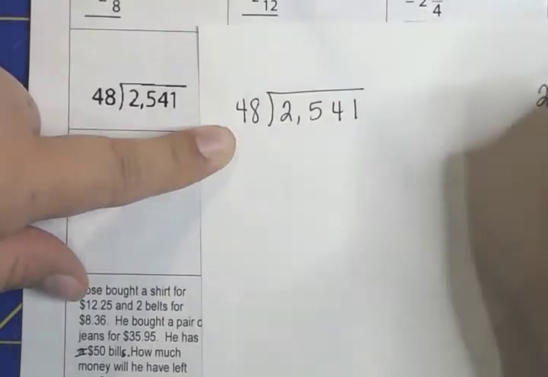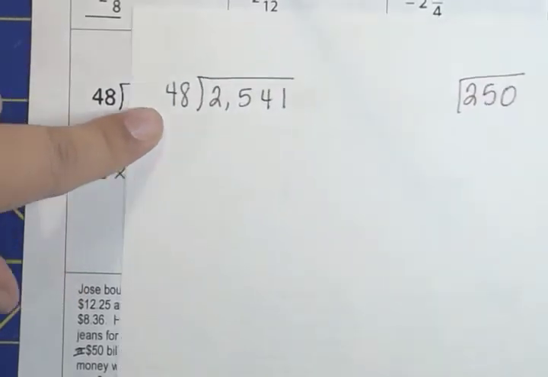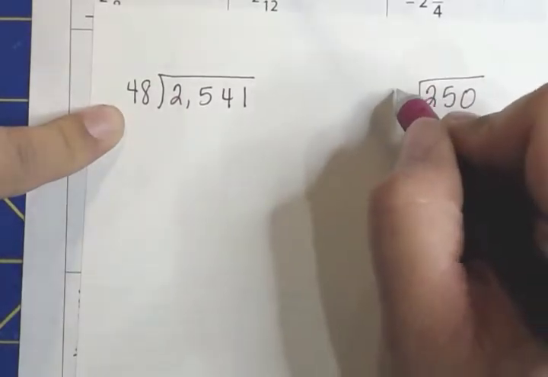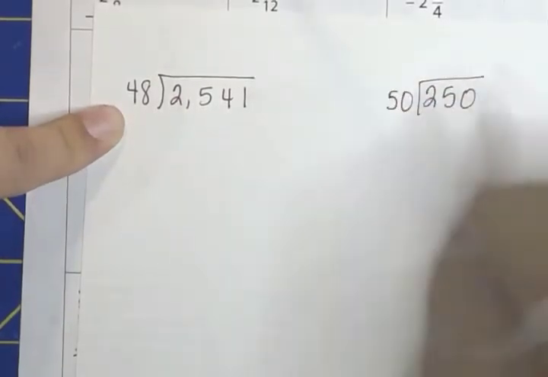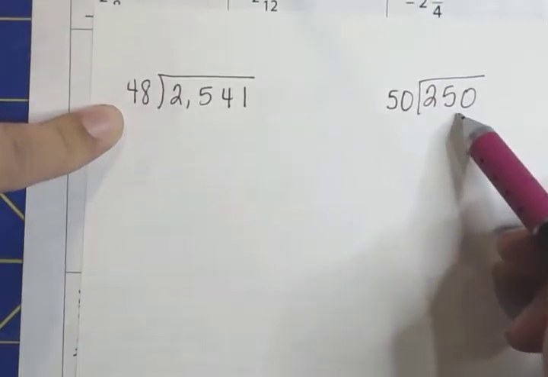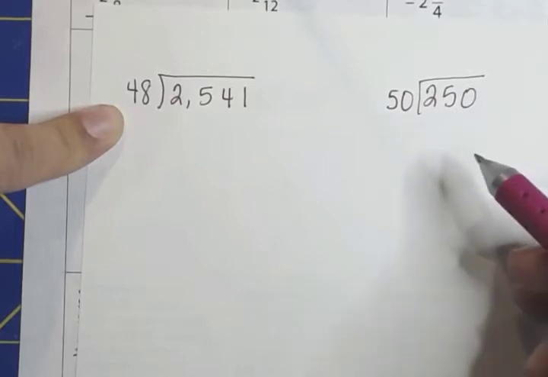So I'm going to take 250 and think, okay, 250, and then 48, a compatible number there would be 50, or rounding that number. So 50 will go into 250, or 5 will go into 25 5 times.